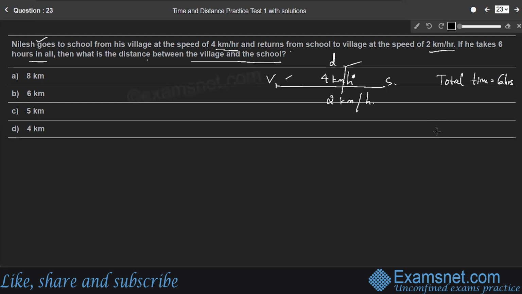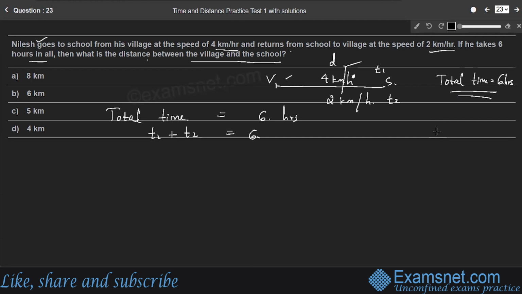In the first case, while going to school, let it be T1, and the time taken while returning back be T2. T1 plus T2 is the total time. Therefore, the total time given is 6 hours, so T1 plus T2 is equal to 6.